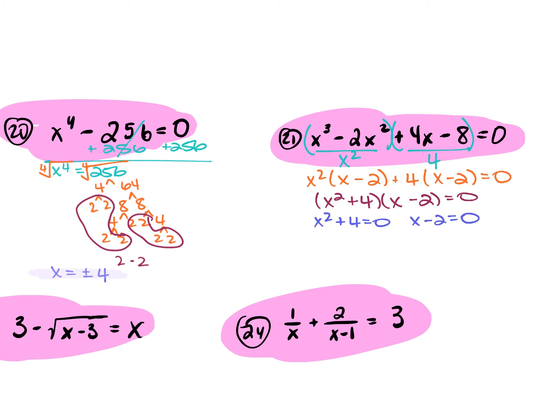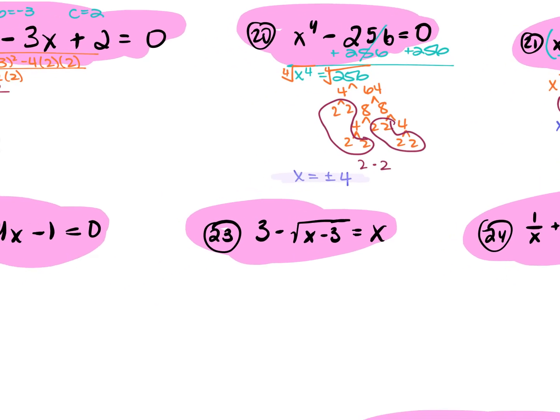For the x squared plus 4 is equal to 0, subtract your 4 from each side, and solve. The x squared is equal to negative 4. Take your square root of both sides. You cannot have that negative underneath, so this is plus or minus 2i. For the x minus 2 is equal to 0, add your 2 to both sides, and you get that x is also positive 2. So you have plus or minus 2i and just 2.